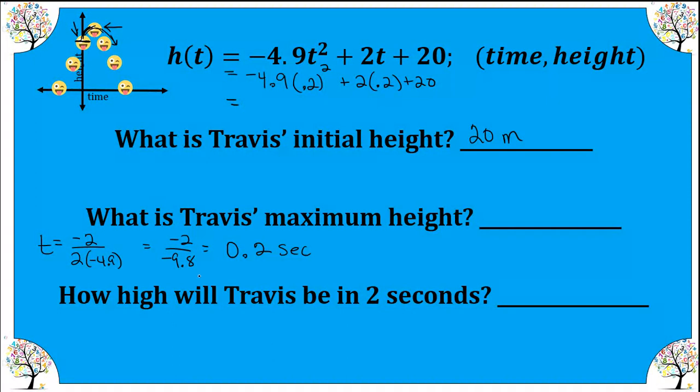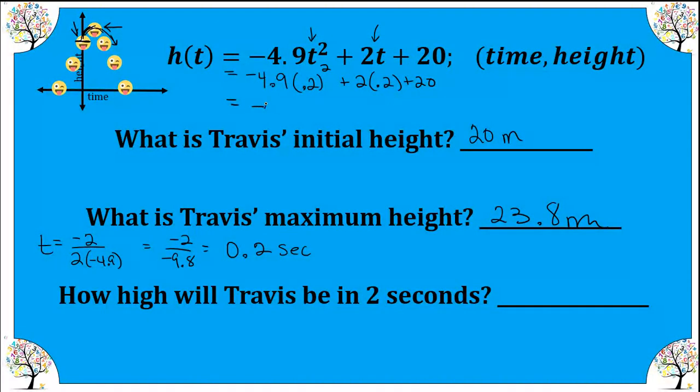And in 0.2 seconds, he is going from 20 feet to about 23, and I shouldn't say feet, I mean meters, 23.8 meters. How high, so what is a height that Travis will be in 2 seconds? So we're going to plug in 2 for time.